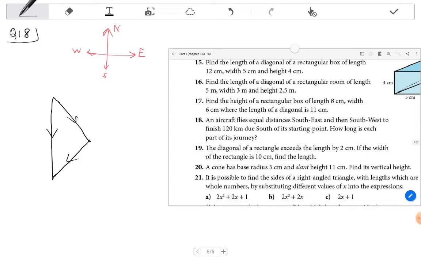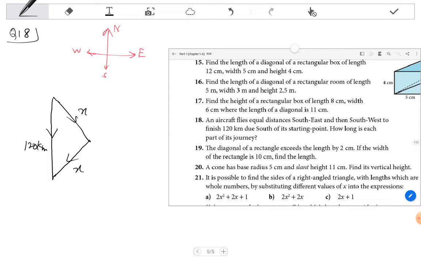So it travels equal distances like this, but these equal distances are not mentioned. It finishes at 120 kilometers due south. So this one is 120 kilometers, but these two are unknown.